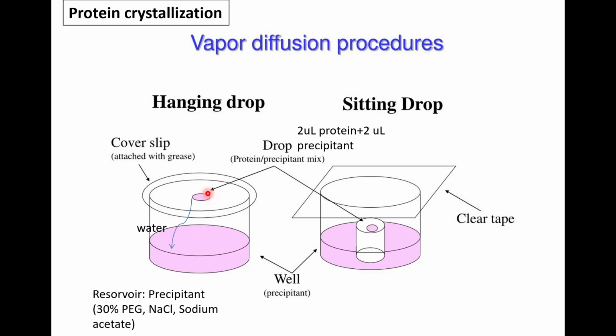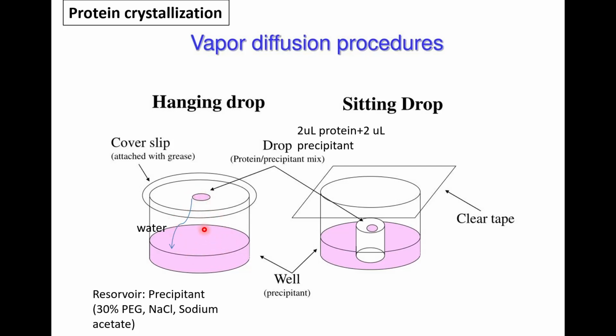The precipitant concentration in this drop is less, but the precipitant concentration in the reservoir is much more. In the reservoir the water content is less because the precipitant is maximum here. In the protein drop you have a lot of water.